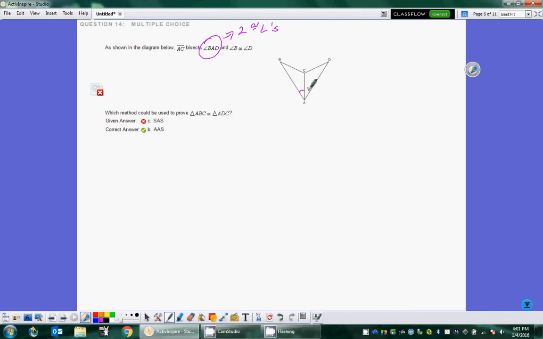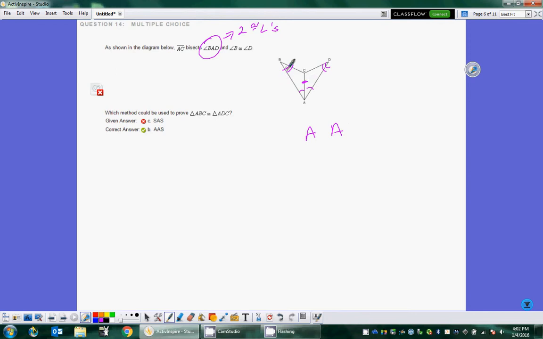For the next one, it says, can you prove two triangles are congruent? I don't have any vertical angles to add. I don't have any alternate interior angles, things like that, because I don't have any parallel sides. I do have a side. Okay, so AA was not on my list.